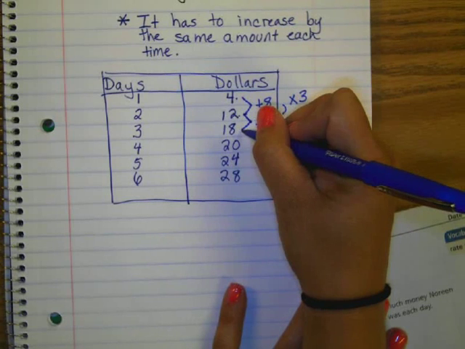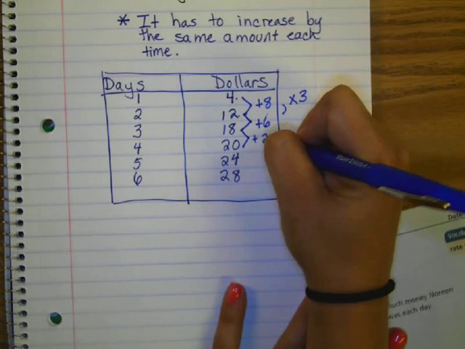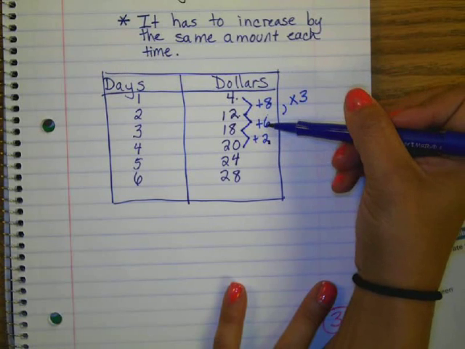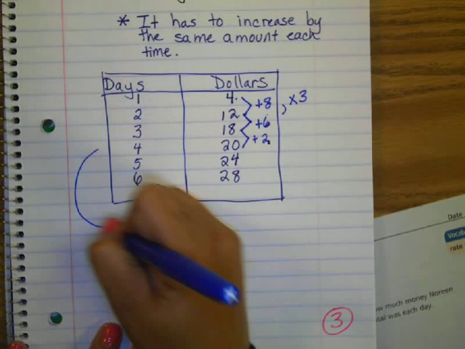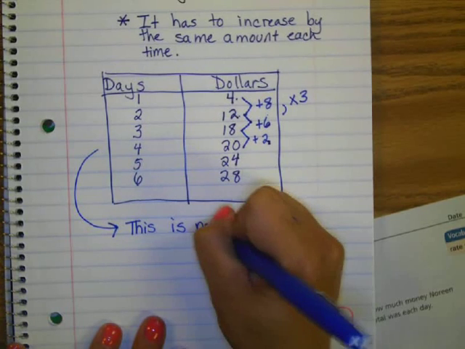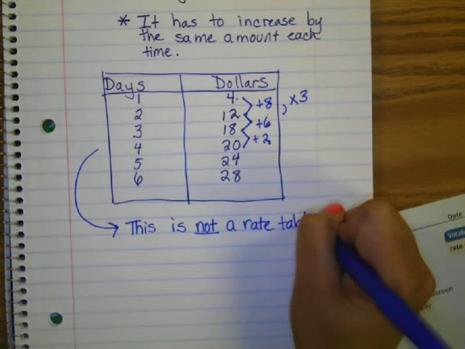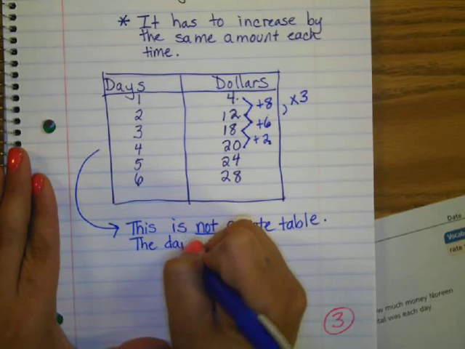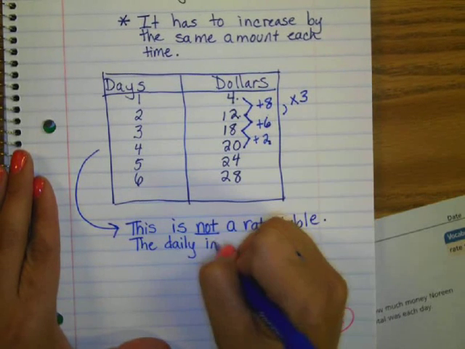How did they go from 18 to 20? Just add 2. Do we have a constant rate here? No. These numbers are all different. So, we're going to draw a little arrow and say, this is not a rate table. The daily increase, that's how much it increases every day, is not the same.